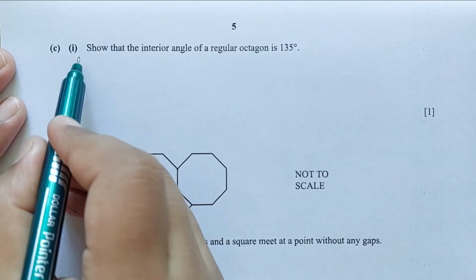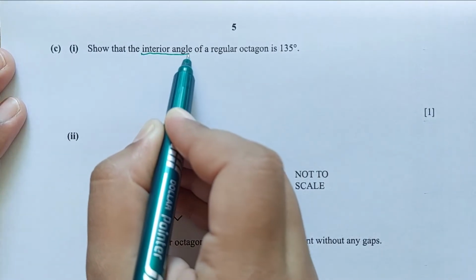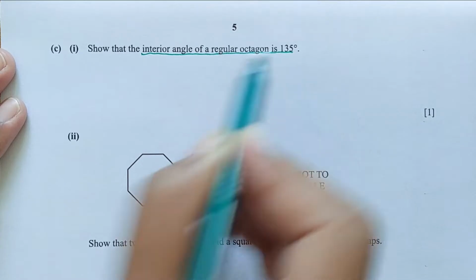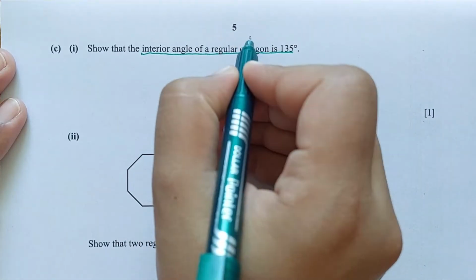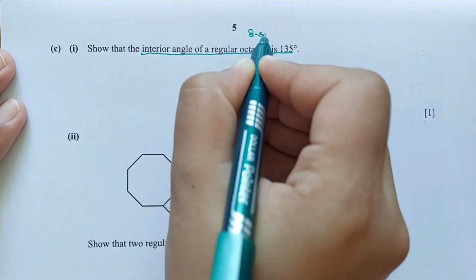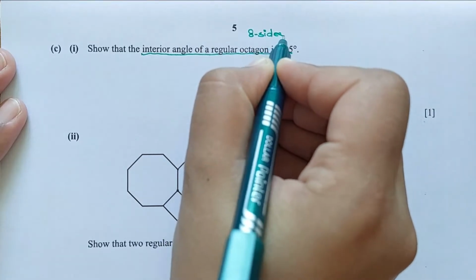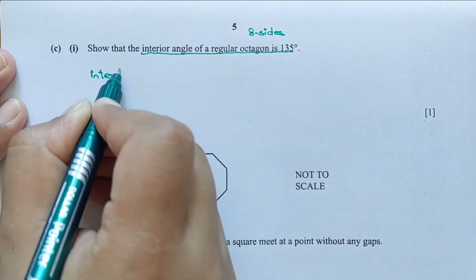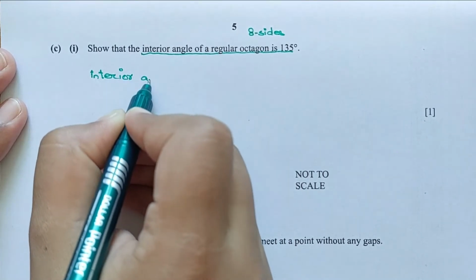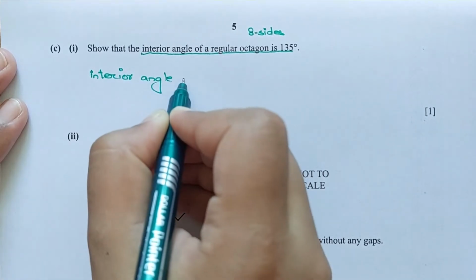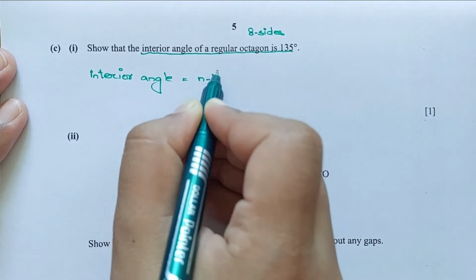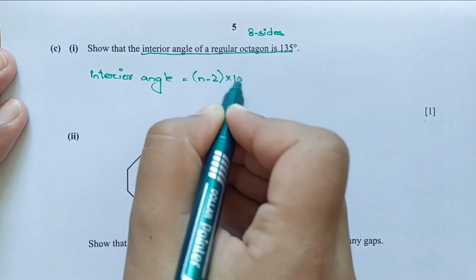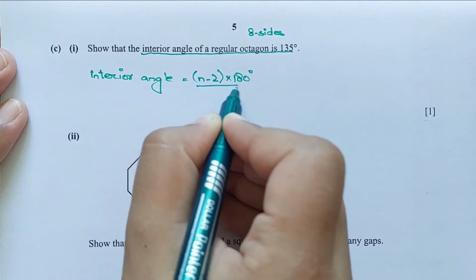Now for part C1, show that the interior angle of a regular octagon is 135 degrees. We know that octagon has 8 sides. And the formula of measure of each interior angle of a regular polygon is number of sides minus 2 into 180 degree divided by the number of sides.